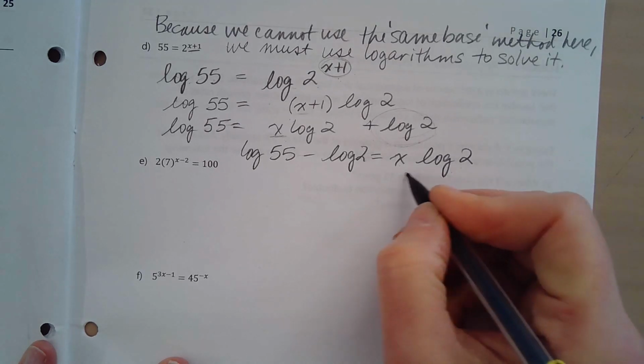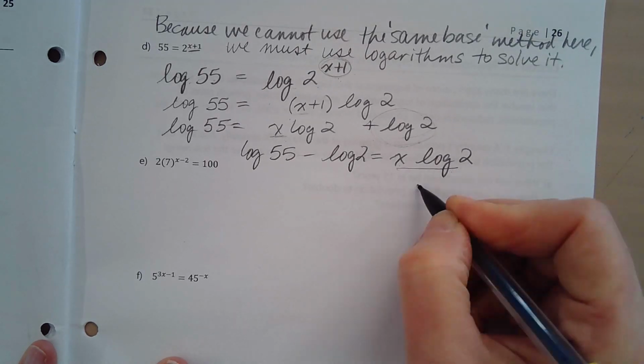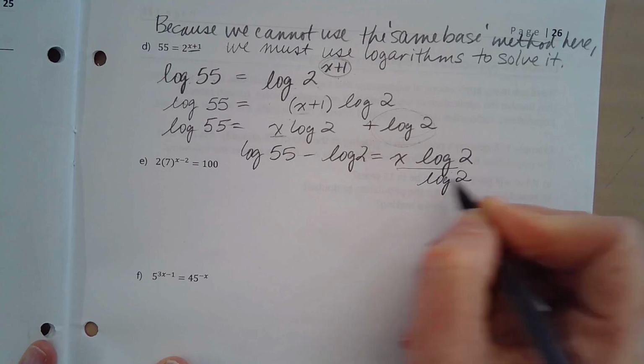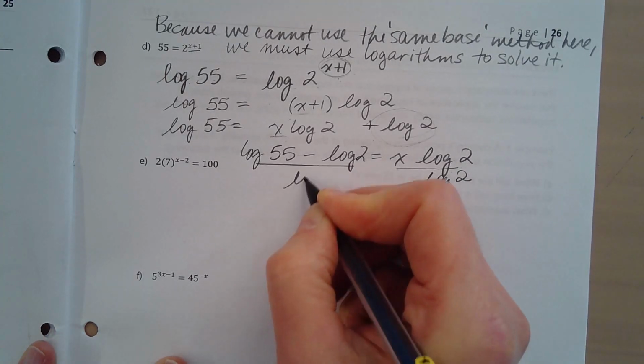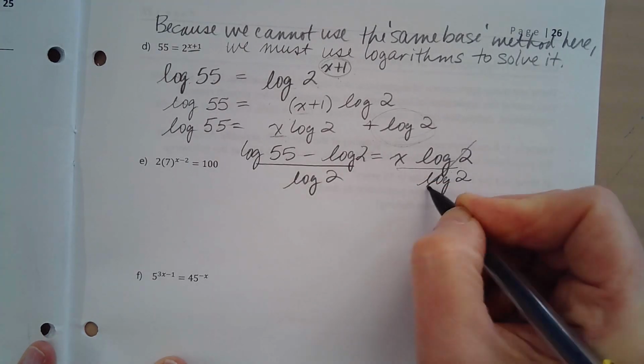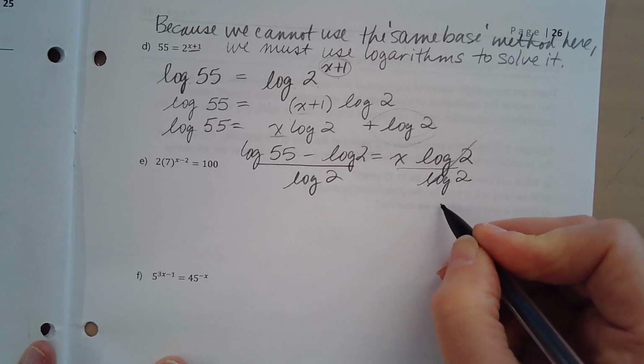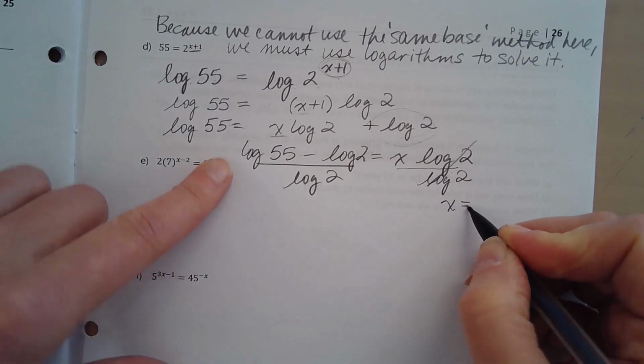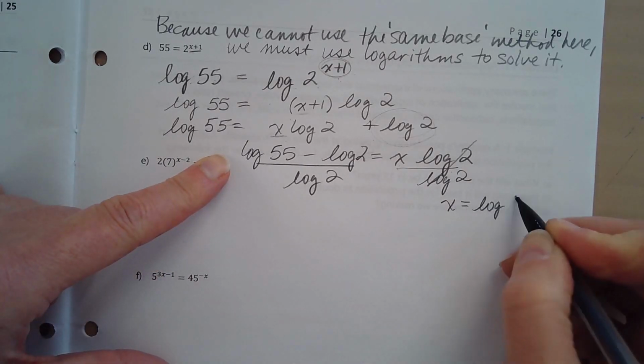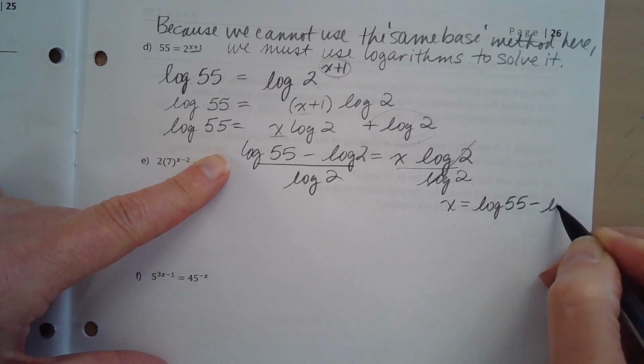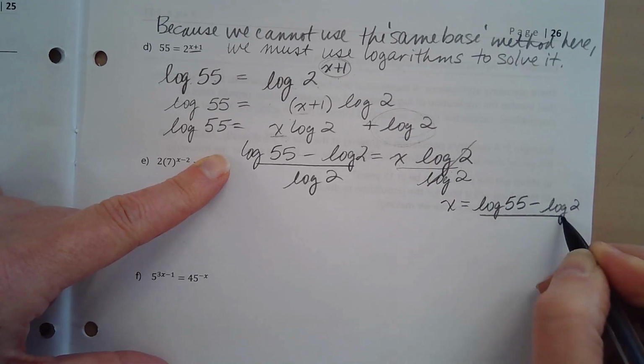Divide by log 2, right? So I divide out my log by log 2. Whatever I do to one side, I do to the other. So finally, x equals log 55 minus log 2, all divided by log 2.